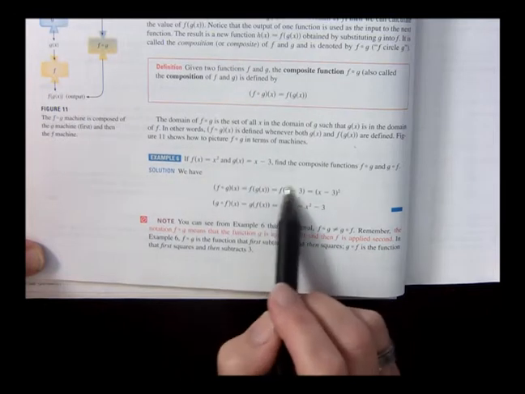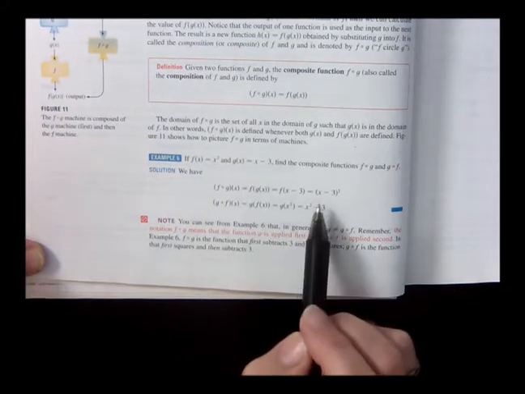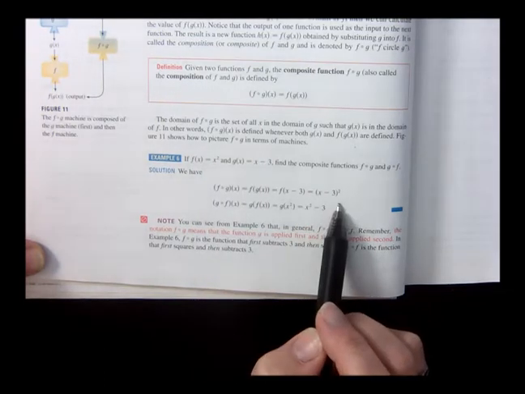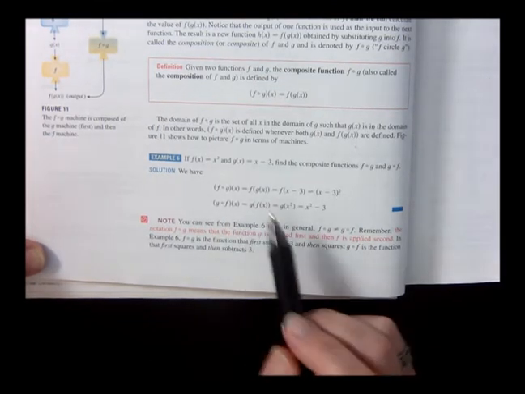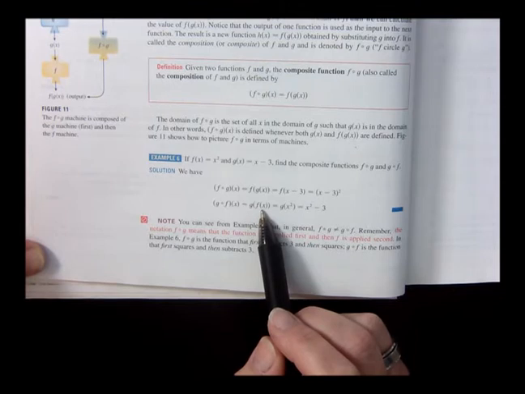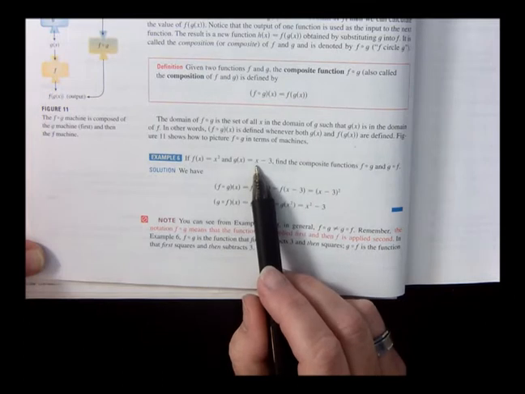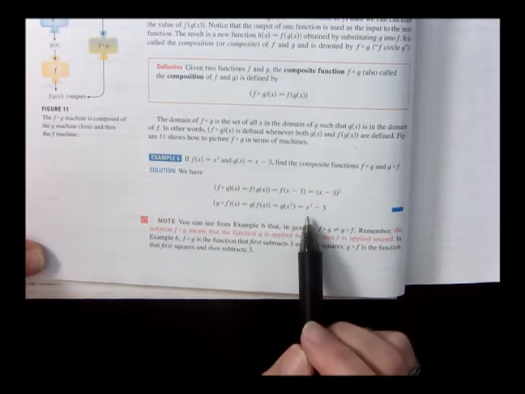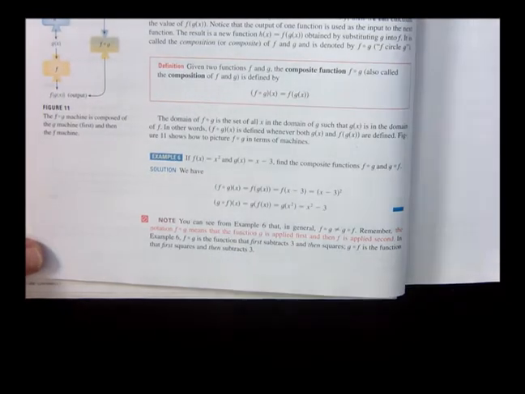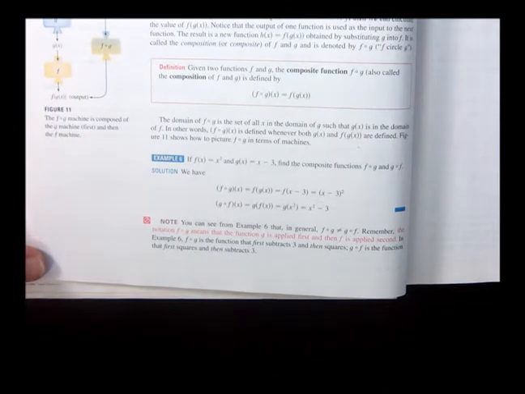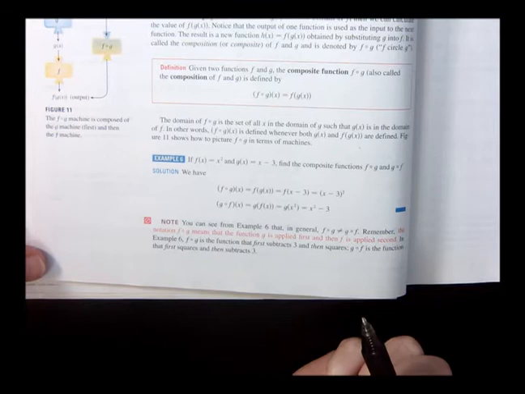So I take this and put it in for x in my x squared, and I get x minus 3 quantity squared. If I do g of f of x, I take my f of x first, which is my x squared value, and then I put it into my g of x, wherever my x value is. So now I have x squared minus 3. So you can see f of g and g of f generally are not the same. Okay?